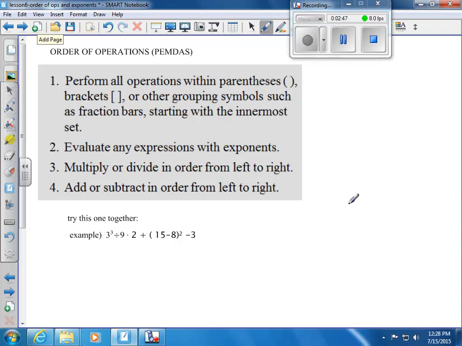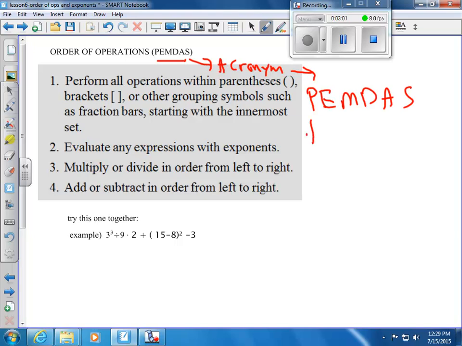Now let's talk order of operations. Some people say PEMDAS. I want to remind you, this is an acronym. They say, please excuse my dear Aunt Sally. PEMDAS is an acronym for order of operations, and it reminds you to do the parentheses first, or grouping symbols, or brackets, any kind of grouping symbols, and then take care of your exponents.